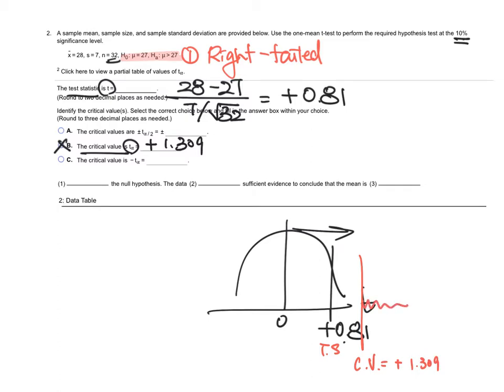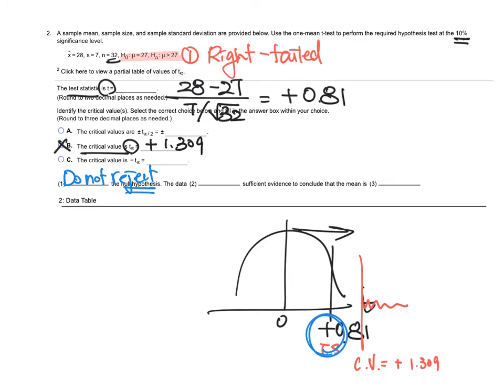Now I can say the test statistic is not in the right tail. So the decision will be do not reject the null hypothesis.